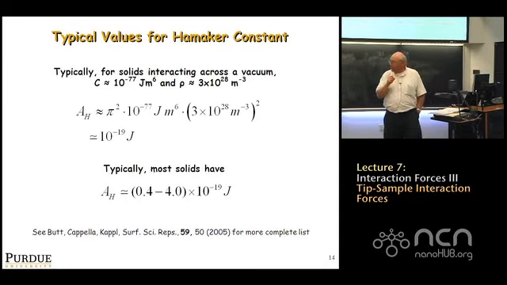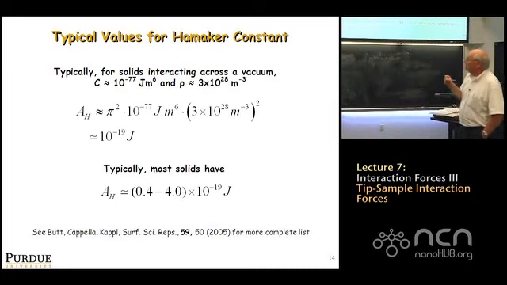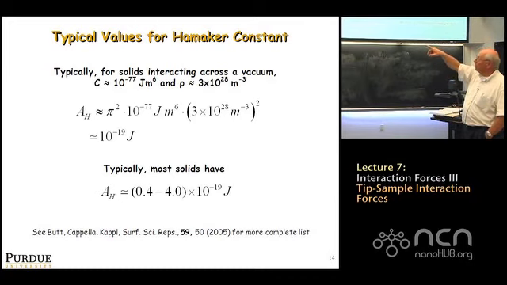I had a slide in here where I calculate what a typical value for this Hamaker constant A sub h is. If you tell me what the parameter C is for the Lennard-Jones potential, and you tell me the number density of atoms, which is about 3 times 10 to the 28th per cubic meter, I can calculate these Hamaker constants, which have units of energy, joules.